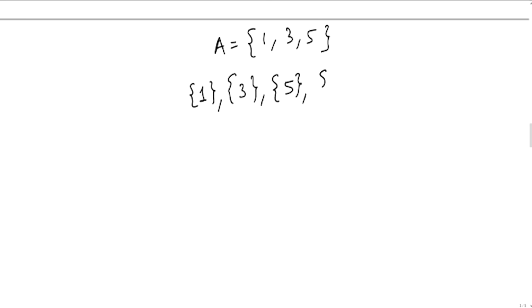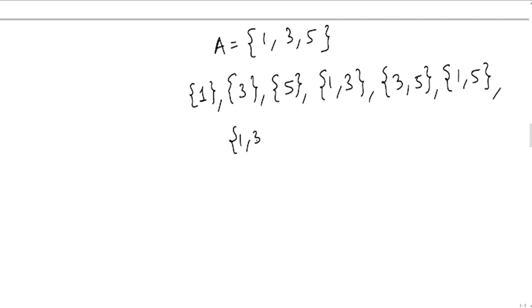So let us do this exercise. Let us take a set containing, let's say, 3 elements, 1, 3, 5, and let us think of all possible subsets of it, all of them. Okay. So one possible subset is a set containing only 1, set containing only 3, set containing only 5, set containing 1, 3, set containing 3, 5, set containing 1, 5, set containing all 1, 3, 5.